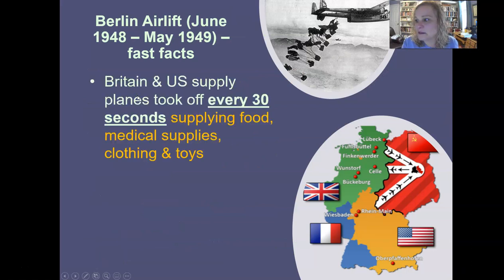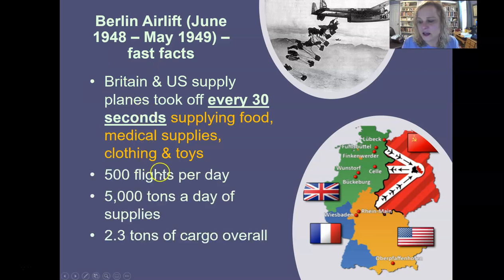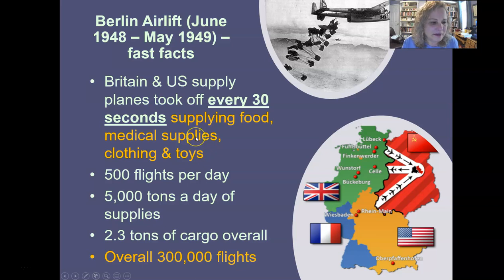Okay, just to keep this in mind, Britain and the United States, a plane took off every 30 seconds supplying food, medical supplies, clothing, 5,000 tons of supplies a day, even candy, 2.3 tons of cargo, over 300,000 flights in total, sorry, not a day, but an unbelievable amount that they're willing to go through.